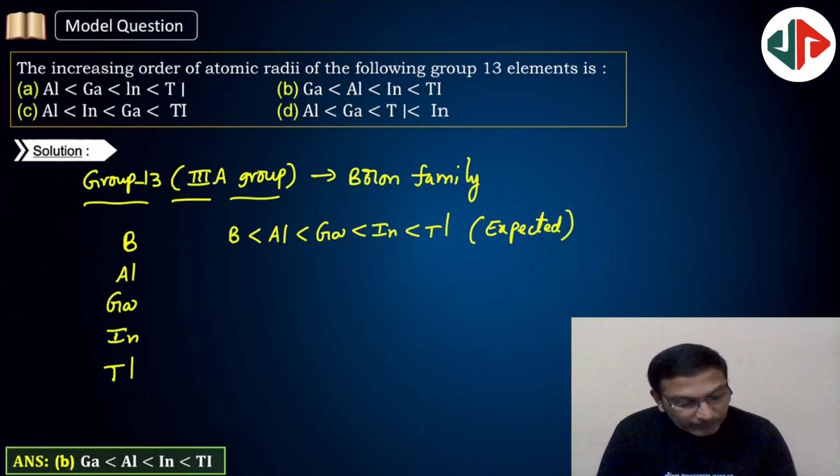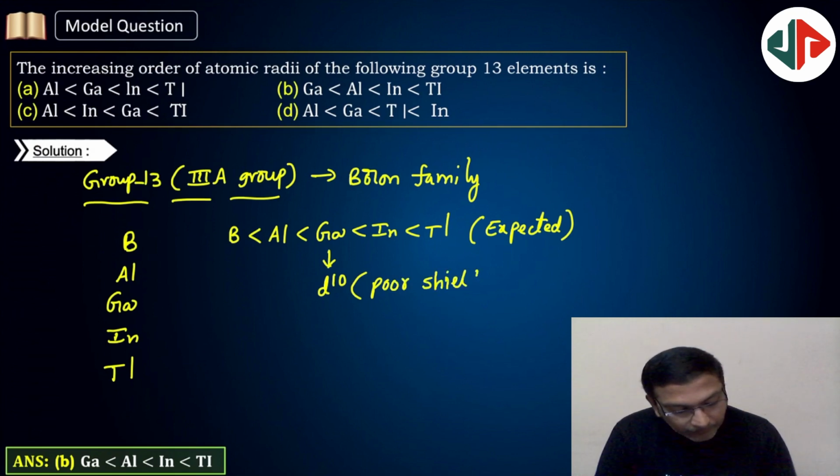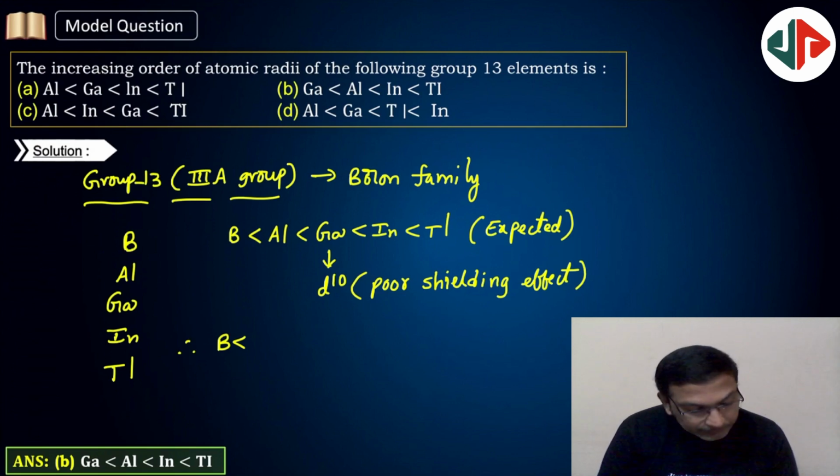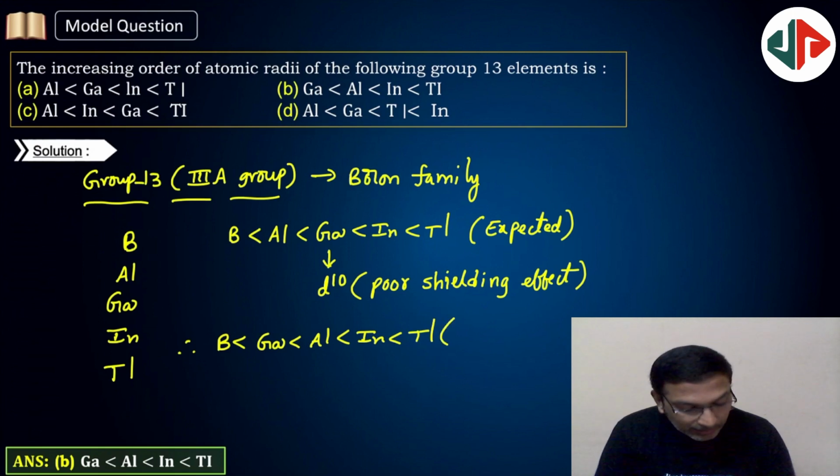But here gallium has D10 configuration. D10 configuration gives poor shielding effect. So due to poor shielding effect of D10 configuration of gallium, there will be contraction in radius. Therefore, boron, gallium, aluminium, indium, thallium. So this is the actual order.